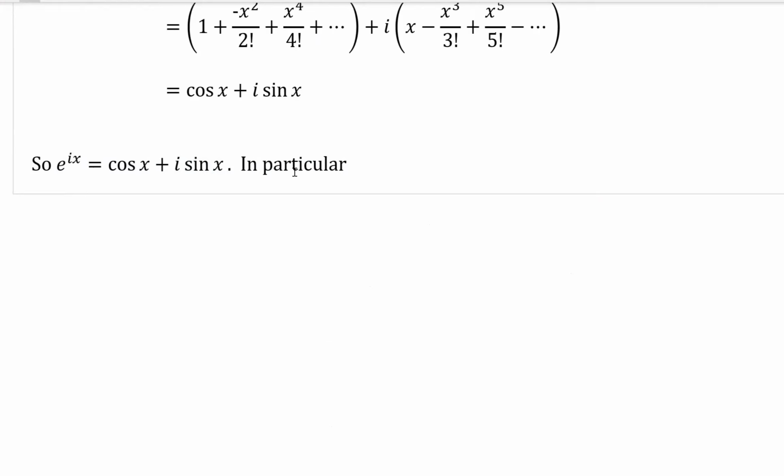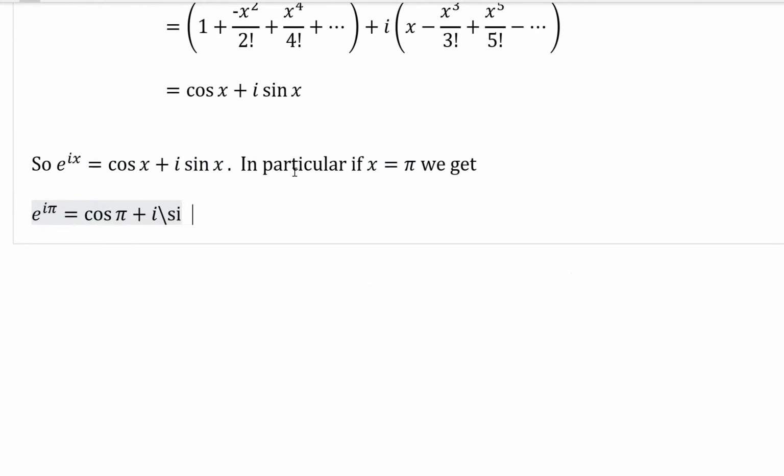In particular, if x equals pi, we get that e to the i pi is cos pi plus i sine pi. You may recall that sine pi is 0.